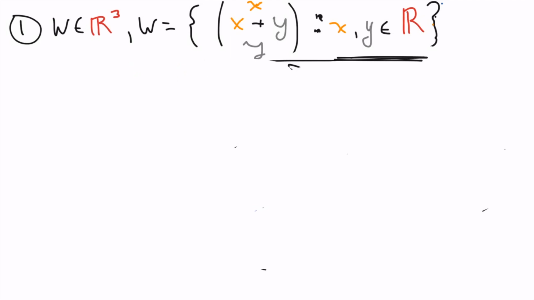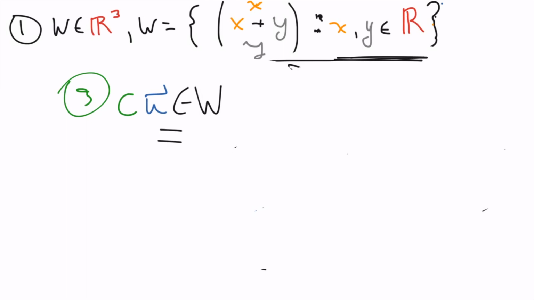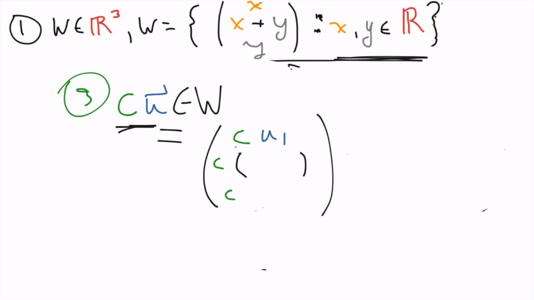Now let's go to the third condition. So the third condition is that if we take some scalar, we'll just call it C, and we multiply U, which is still in W, by C, then their product is going to also be in W. So let's take C times U. This will be equal to C times U1, U2, U1 plus U2.